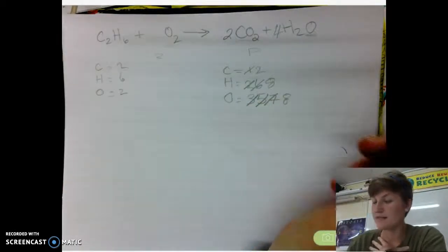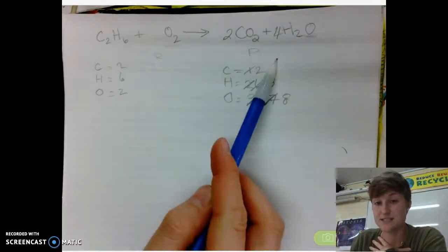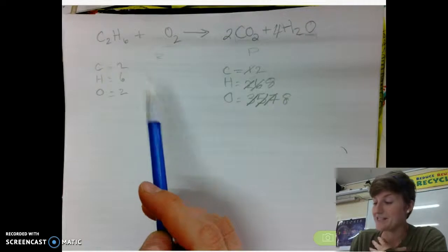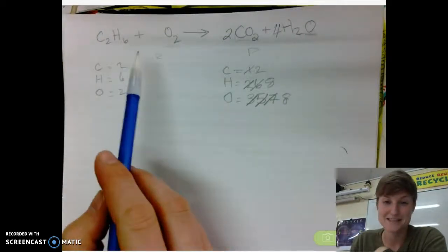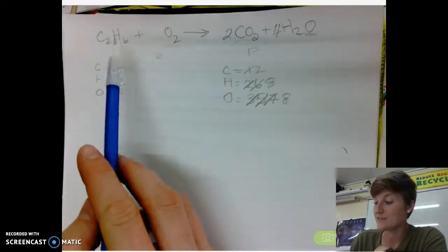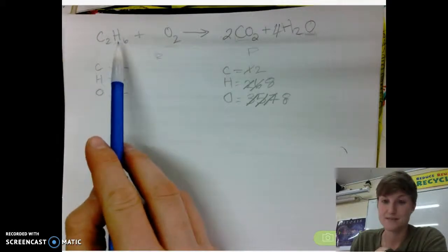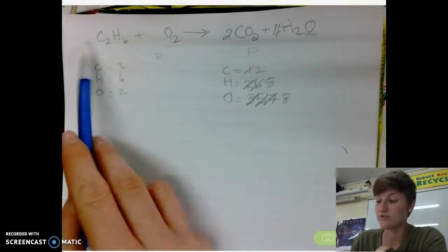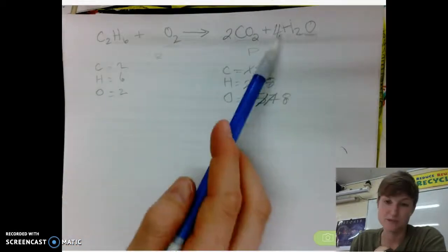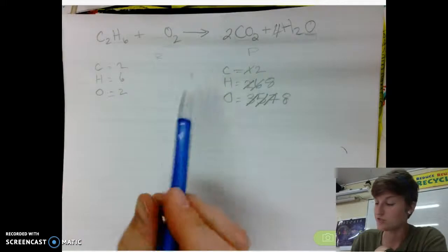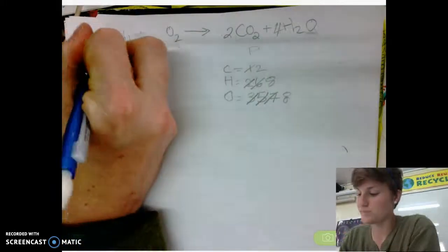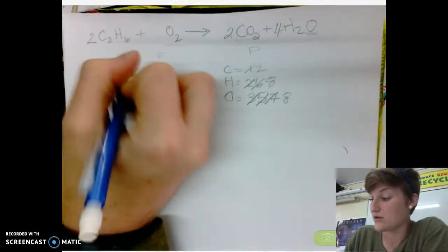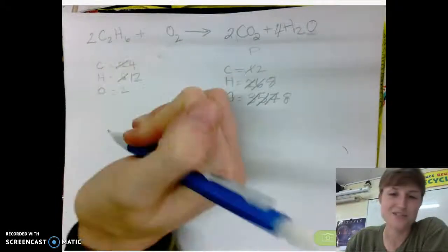But because I've changed the hydrogens on this side, I have to do that to this side. And there's no way to get 8. So I need a number that is higher than 6. And so 6 and 2, I can use a 2 in front of here and then make both sides have 12 hydrogens. So we're going to do that. So a 2, and that gives me 4 carbons now, 12 hydrogens, and oxygen just stays the same.